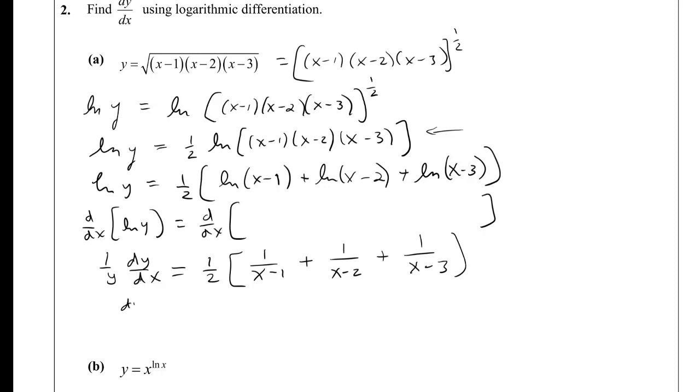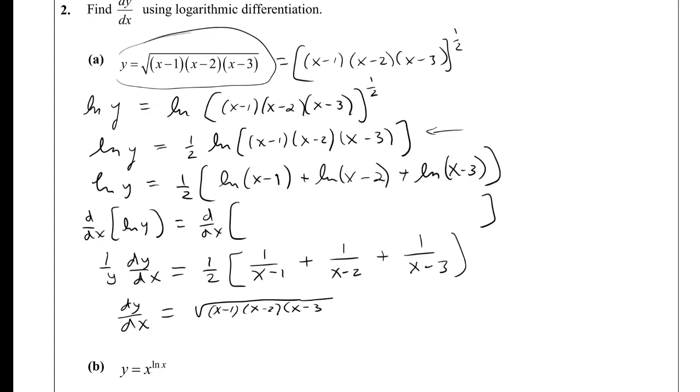And in my final step, I'll do 2 things at once. I'm going to multiply the y over, and I'm also going to replace it with what y is from the beginning of the problem. So dy dx would then be the square root of x minus 1, x minus 2, x minus 3. And then I have a 1/2, so I'll put all that over 2, and then what was still inside.